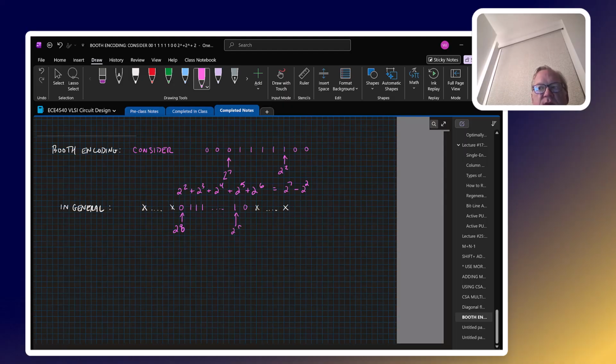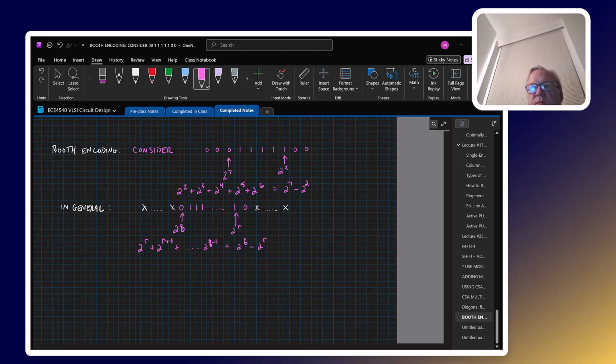So we can write this as 2 to the r plus 2 to the r plus 1 plus everything up to 2 to the q minus 1, which is equal to 2 to the q minus 2 to the r. So if a multiplier has a string of 1s, we only need to perform an addition, shift, or subtraction, and shift.